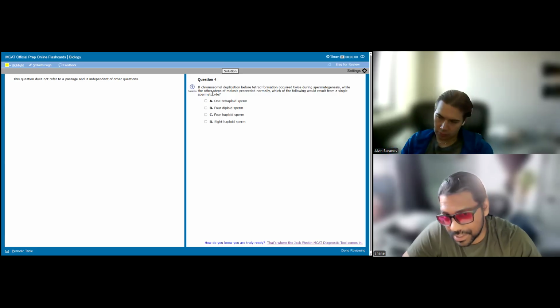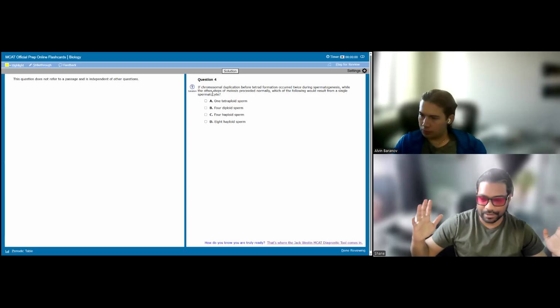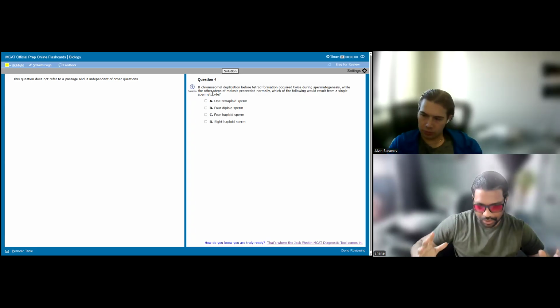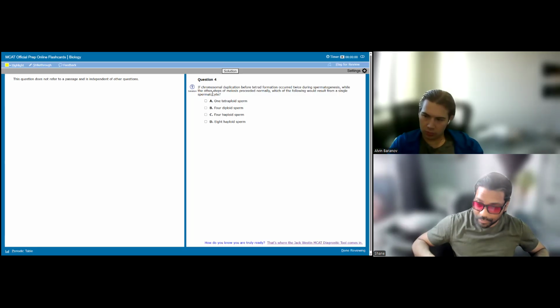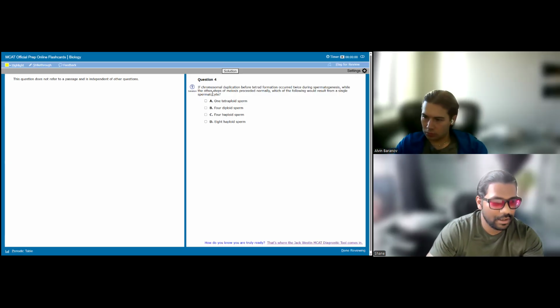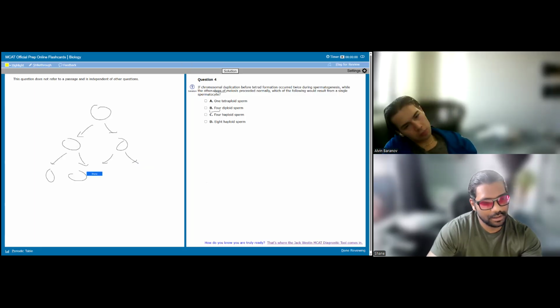Because everything else is happening normally, right? So when you have your cytokinesis and they split one into two in meiosis one, and then they have meiosis two where each of those two split again to get four, like this, and then that.